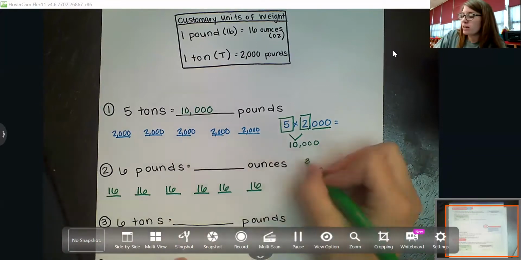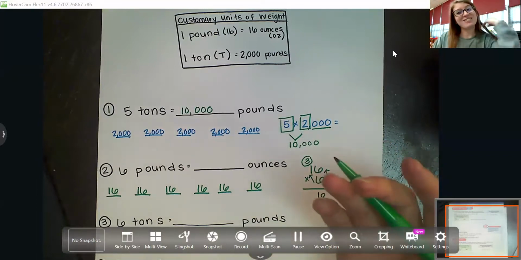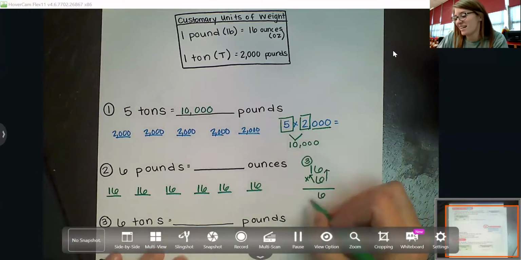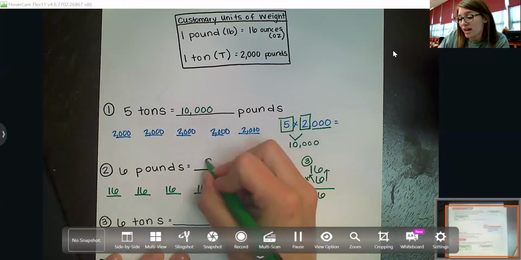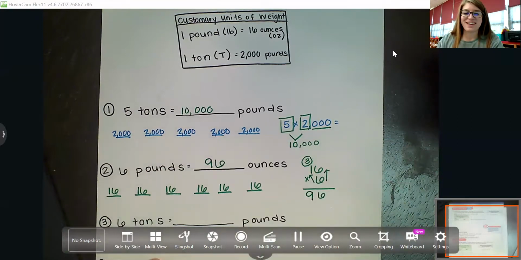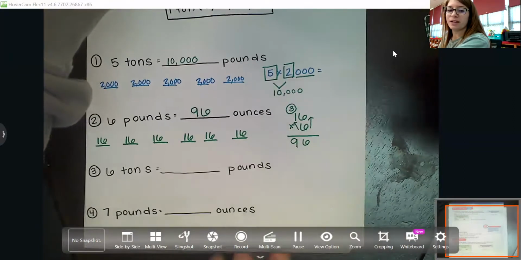Very good. But we cannot forget this 3 that we regrouped up here. We do have to add that to our 6. So 6 plus 3 is, you tell me. Very good. 9 is correct. So 6 pounds is the same thing as 96 ounces.